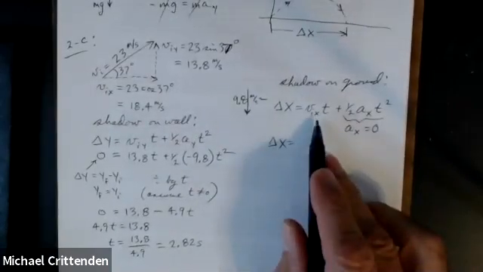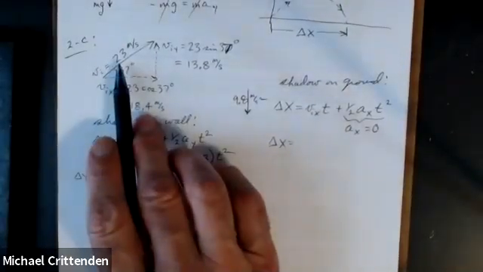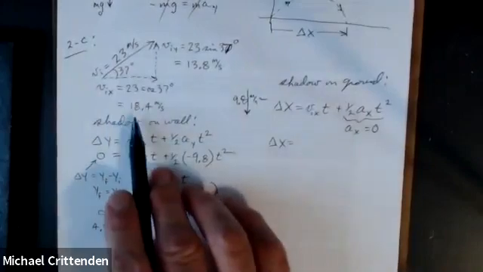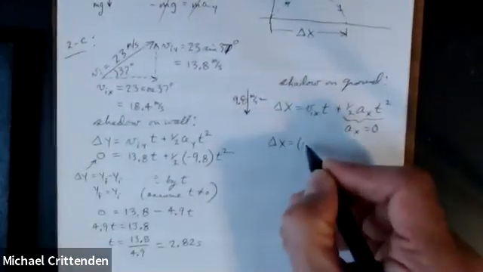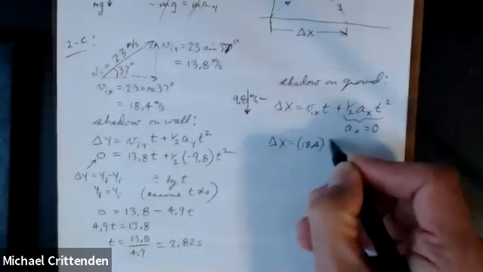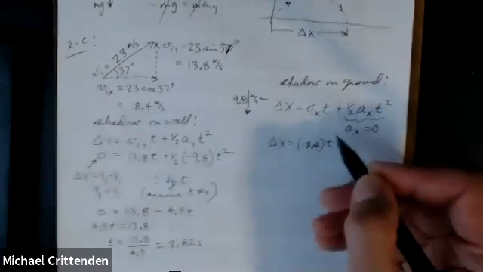For initial velocity, just repeating myself again, do not put in the 23, it's the initial velocity of the shadow, 18.4. And if I ask a question like that, I'm pretty sure somebody is still going to do that.